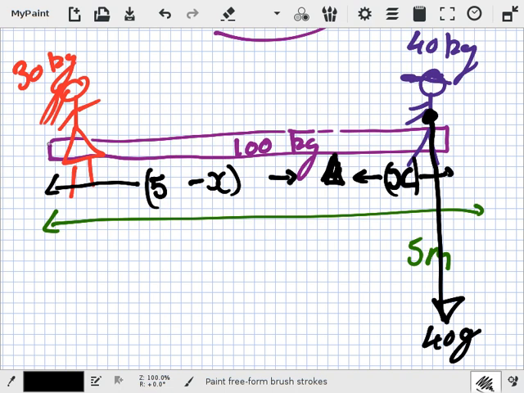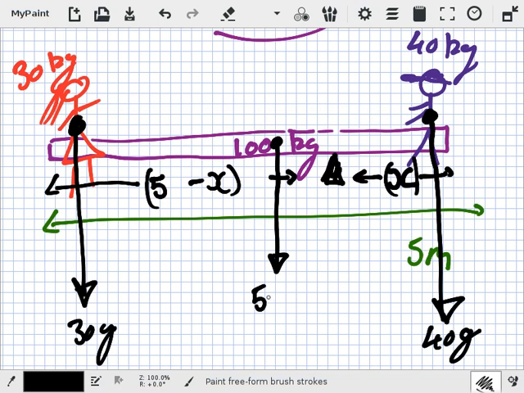And what's the girl's weight? 30g. Now, what are the other forces? There's a weight here from the seesaw, of 100g. Is it kilograms? Yeah, it's 100 kilograms, so that's 100 times 9.81. So that's 100g.